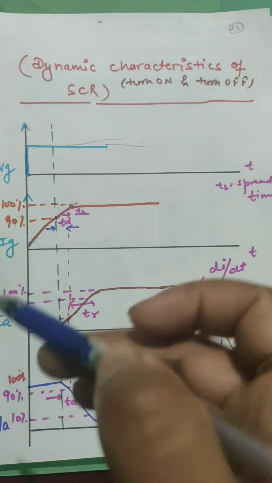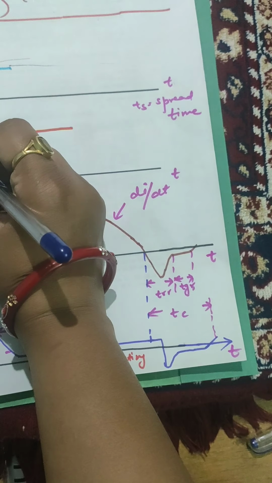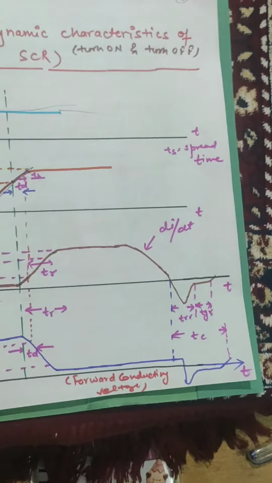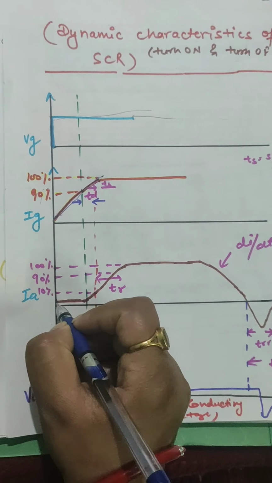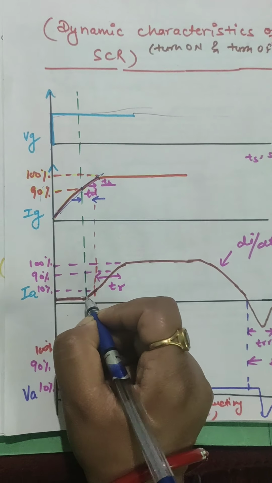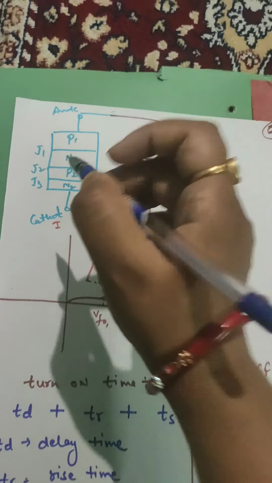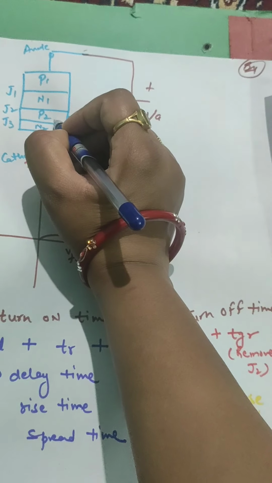I will explain it. When gate current reaches 90 to 100%, at that time anode current will not flow, because gate current is positive, or we can say breakdown.